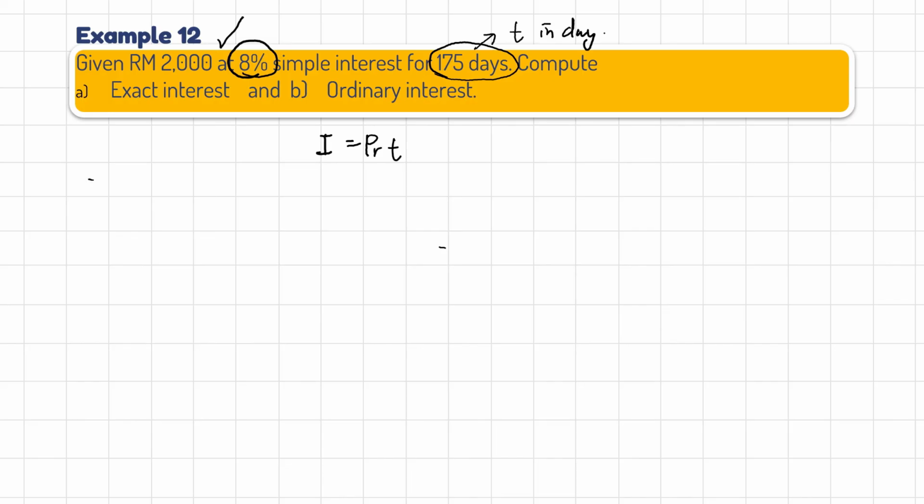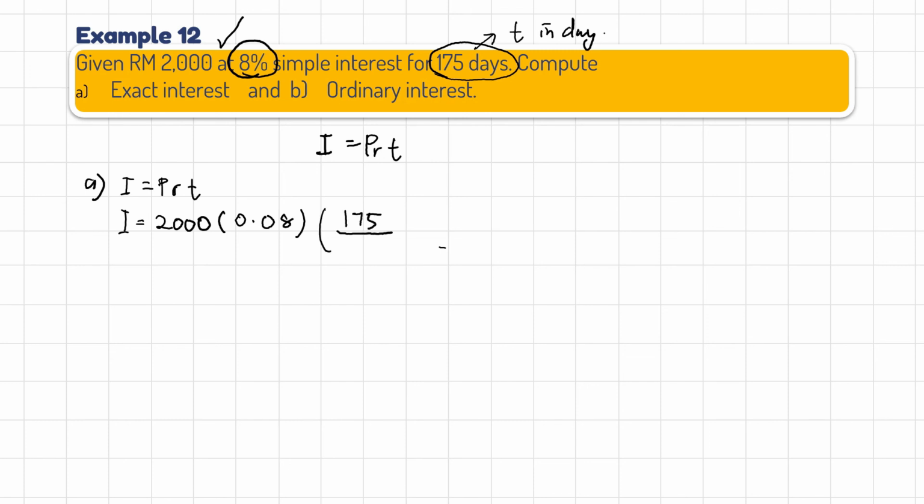So for part A, where it asks for exact interest, we will write I equals PRT. So our I equals P, which is 2,000 ringgit, R is 0.08 and then T is 175 days over.